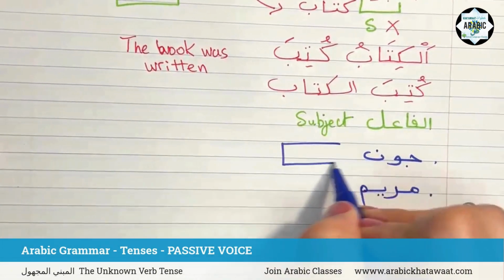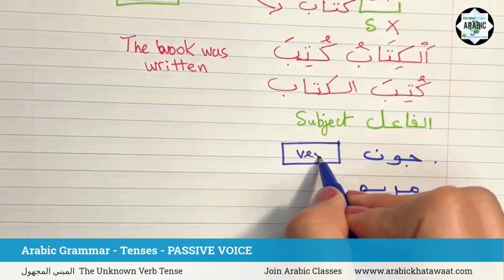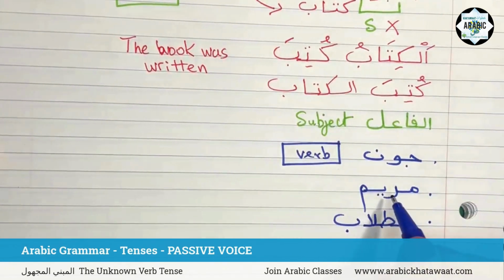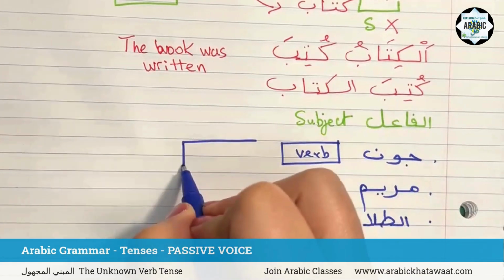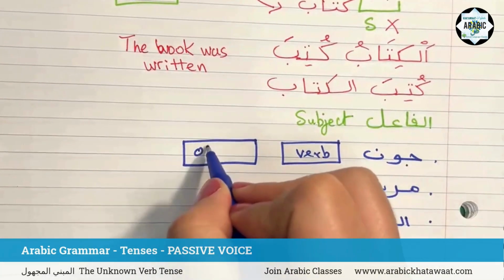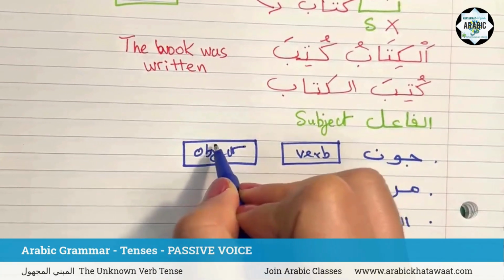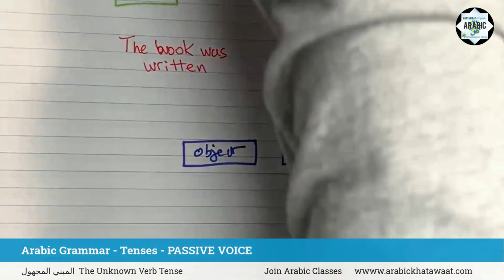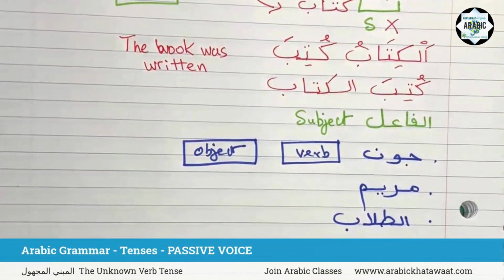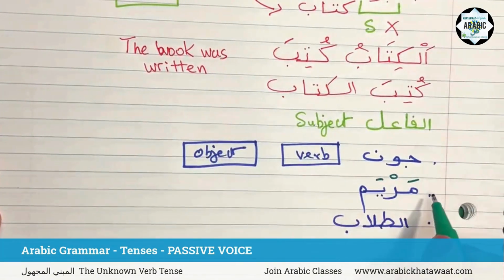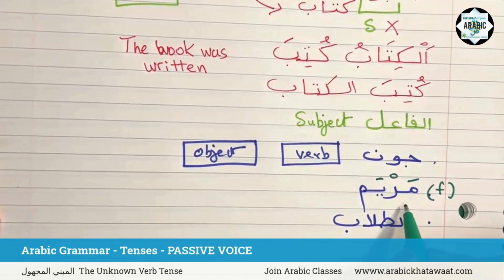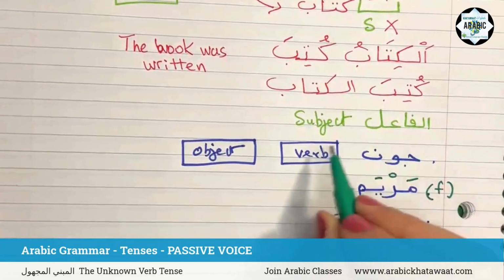Then I would need to use a verb, an action that John has executed, Maryam or الطلاب, the plural form. But what I need over here, I need an object. Let me give an example with Maryam. So Maryam, in this case, she is in the feminine form. So I'm using a female subject.